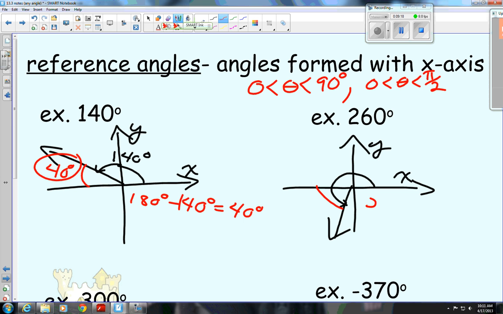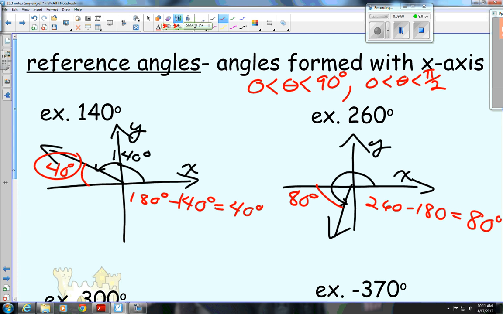So I say 260 minus 180. It's always minus 180. Not always. If it's in quadrant 2 or 3, it's 180. We're going to talk about the ones on the other side, 1 and 4, in a minute. So this one's 80 degrees. So if it's in quadrant 2 or 3, you are always subtracting from 180, and it's always positive. So you just adjust your subtraction as appropriate there.